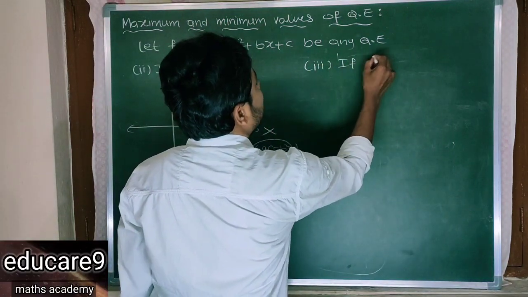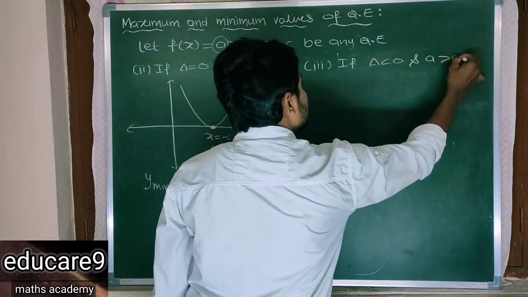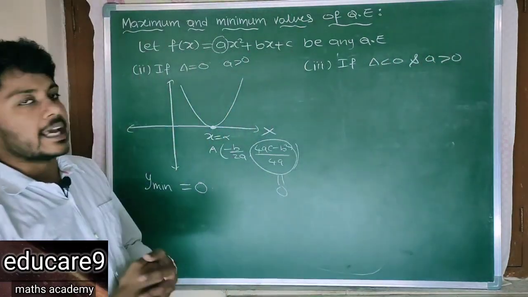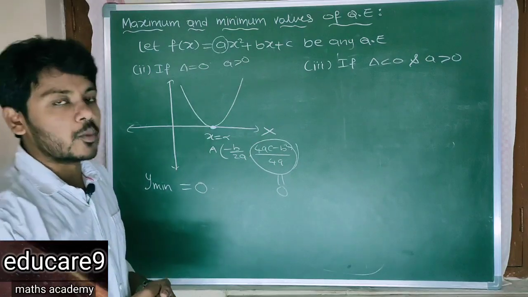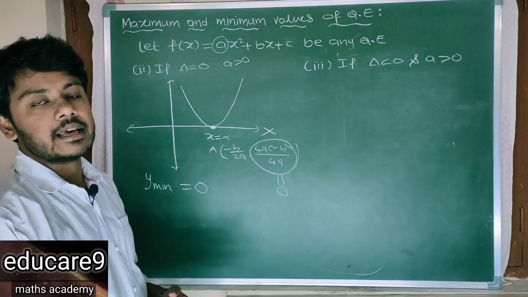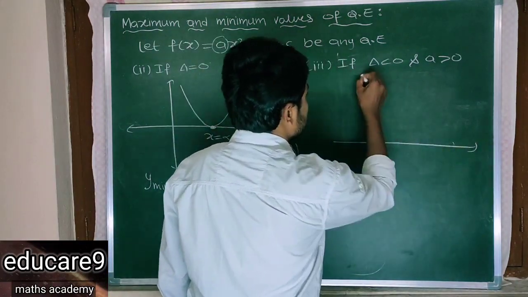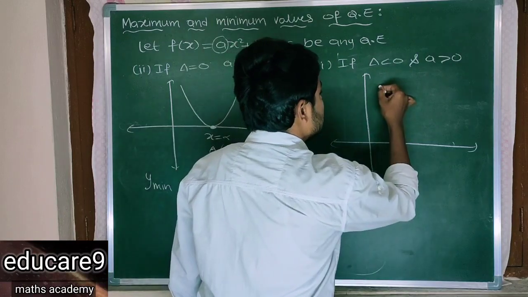If delta is less than 0 and a is greater than 0, in that case the graph represents an upward parabola, and the graph does not touch the x-axis. See here, this is the given graph.